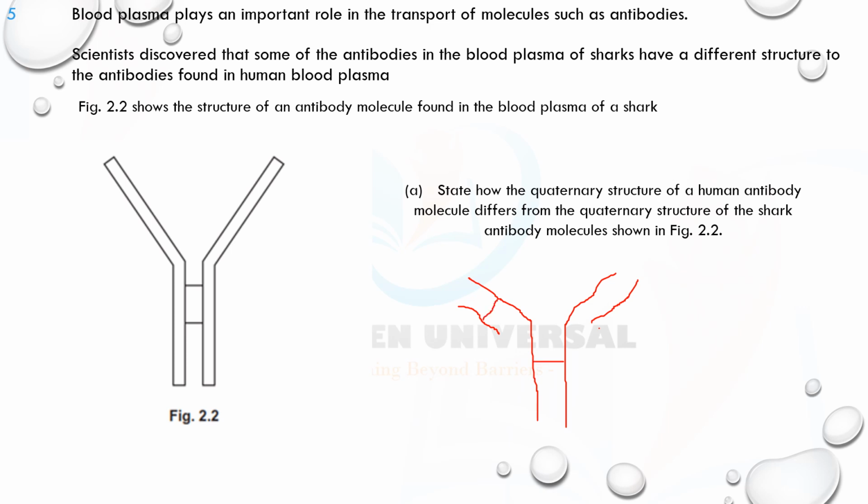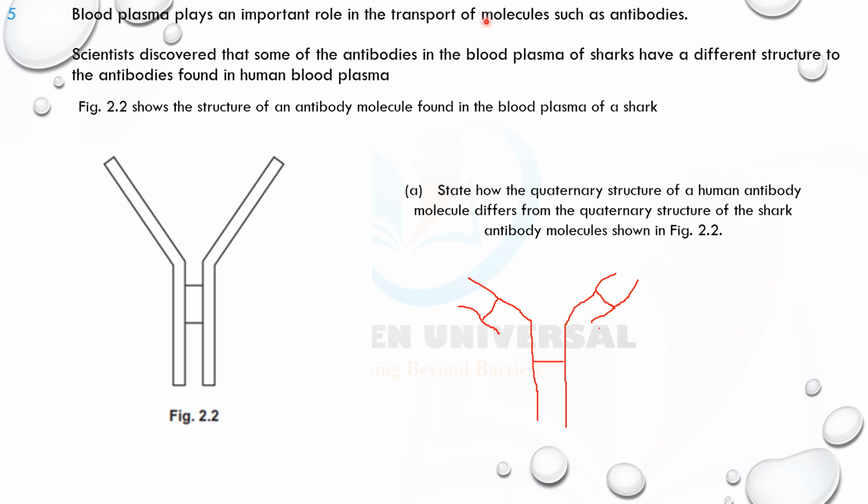You can see that this one here is the human antibody, and this is the shark antibody. The difference is, look at the quaternary structure. Quaternary structure is the presence of more than one polypeptide chain. So this has only two polypeptide chains, this and that. Why these four polypeptide chains? Two long chains and two short chains.